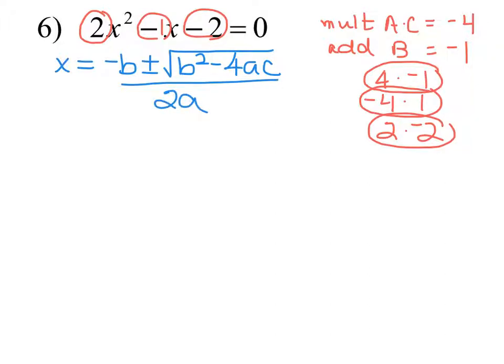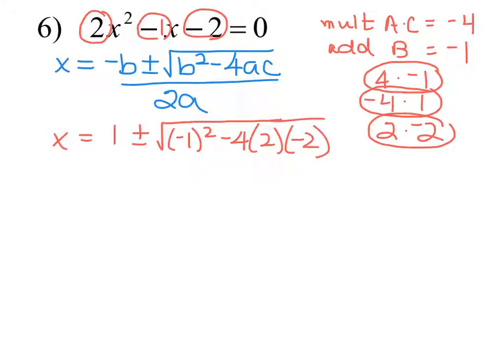And so then if we substitute in our values, the opposite of b is going to be positive 1 plus or minus the square root of negative 1 squared minus 4 times 2 times negative 2. And then that's going to be all over 2 times 2.